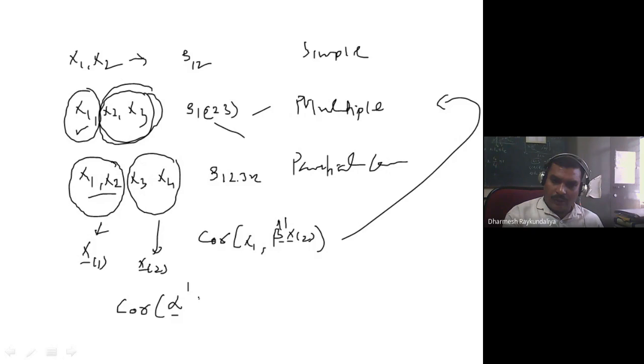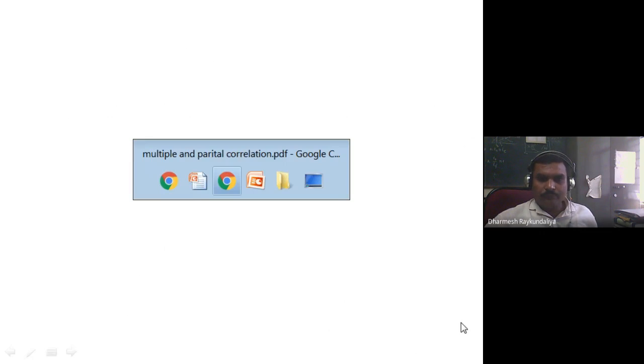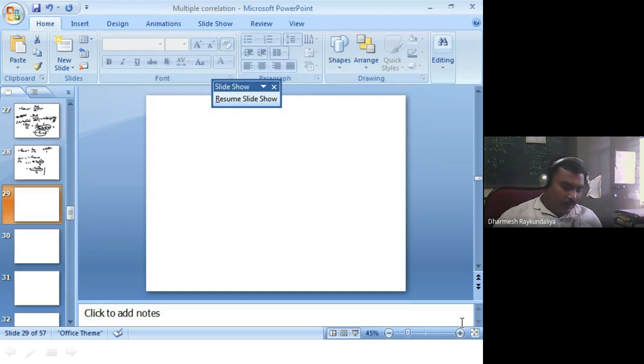Let us say alpha dash x1 and alpha dash x2. Then this correlation is known as a canonical correlation. It is known as a canonical correlation. तो यहाँ पे हम वही बात कर रहे हैं.